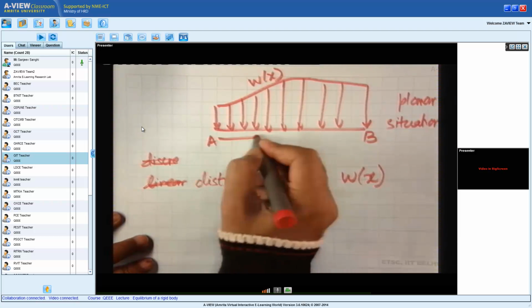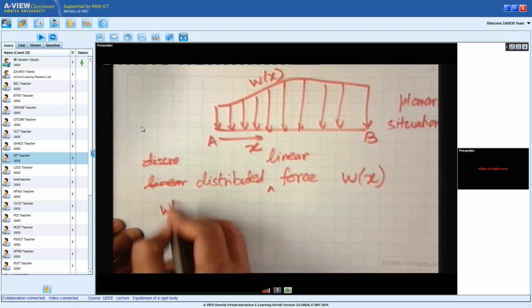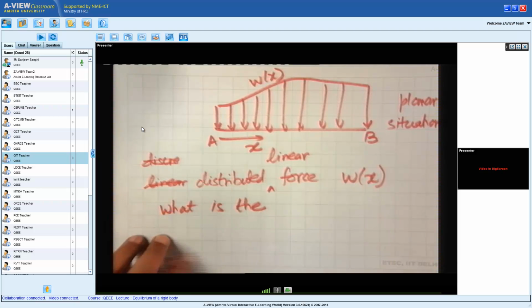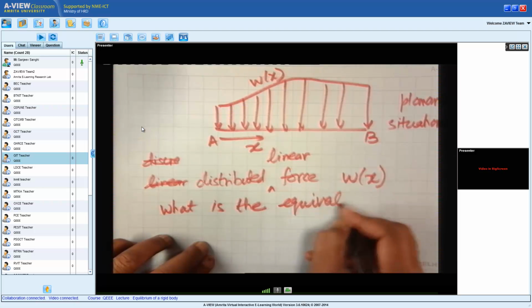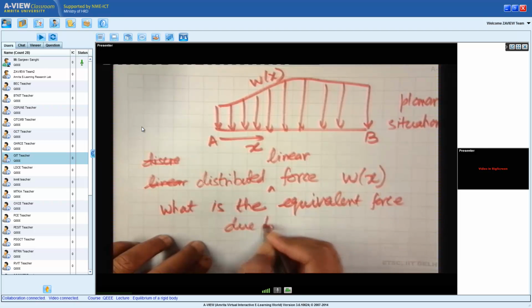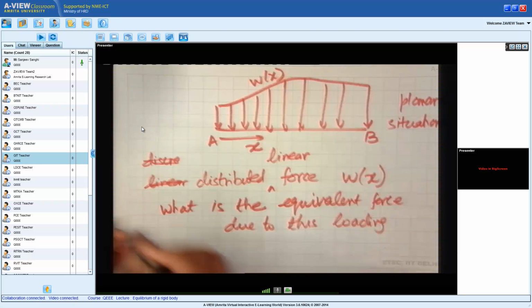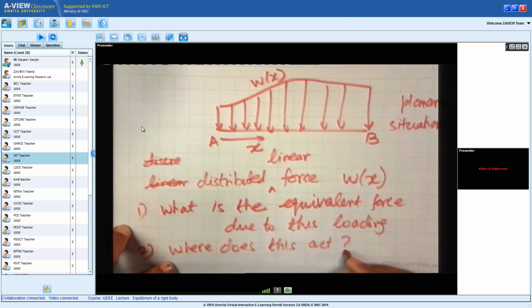So now when this type of situation comes and you have to analyze, let us say, this beam AB, then the question comes, and this is where you will see the advantage of these equivalent forces. What is the equivalent force due to this loading? This is one question which will come, and the second question will be, where does this act?